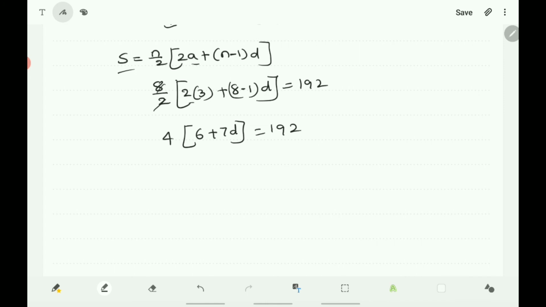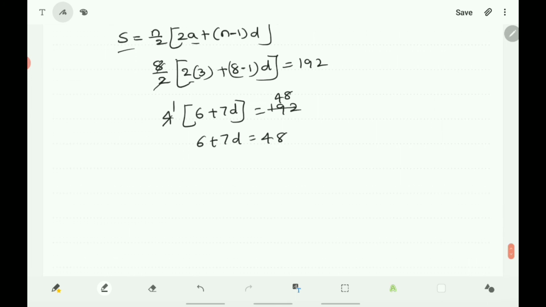Now if possible, 192 is there. 4 ones are 4, 4 fours are 16, 3 is remaining, 4 eights are 32... so it is 6 plus 7d is equal to 48. 6 plus 7d is equal to 48. 7d is equal to 48 minus 6.